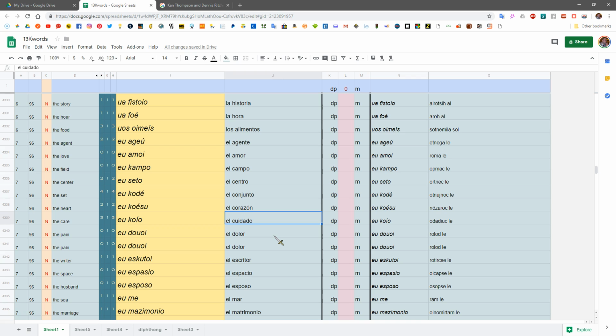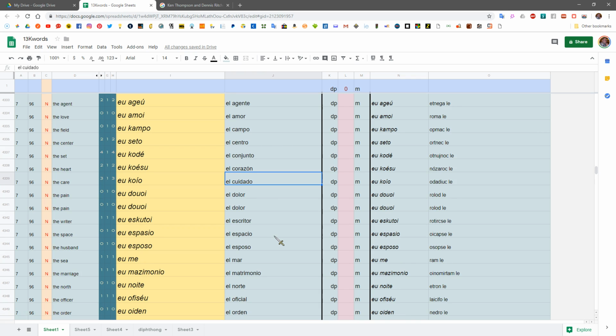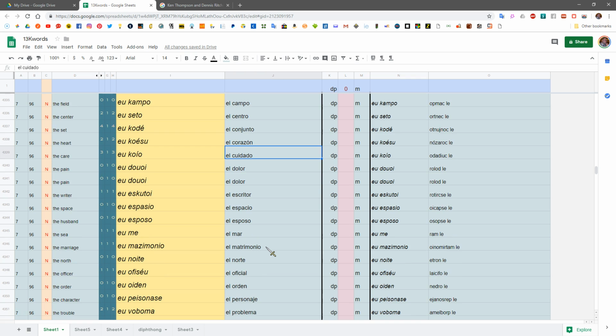I thought it was city, and I was like, wait a minute. The words for city and caution look almost the same in Spanish, and I got confused. I felt like, wow, that changed a lot from the other language I had. It probably changed because I haven't got the city yet.